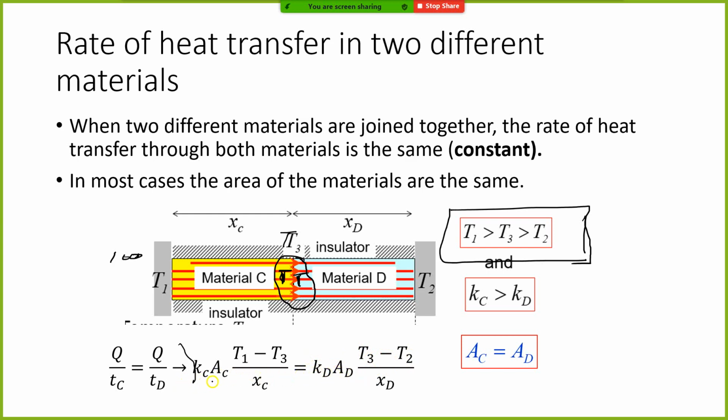In most cases, the areas are constant, and you'll see that eventually when we try a few examples, hopefully I do have examples.